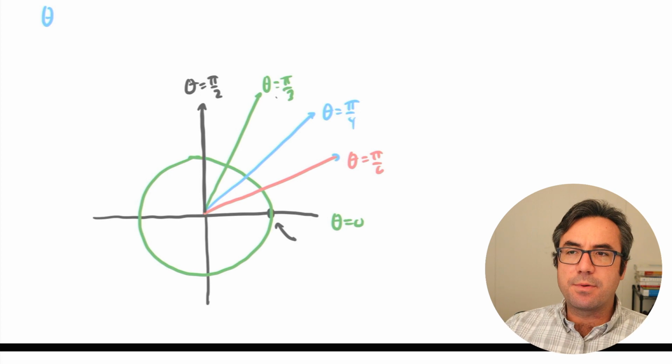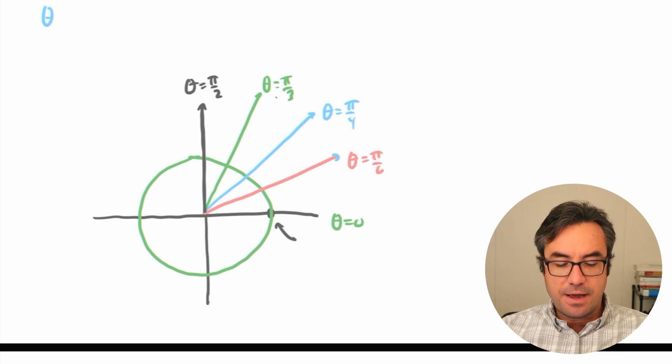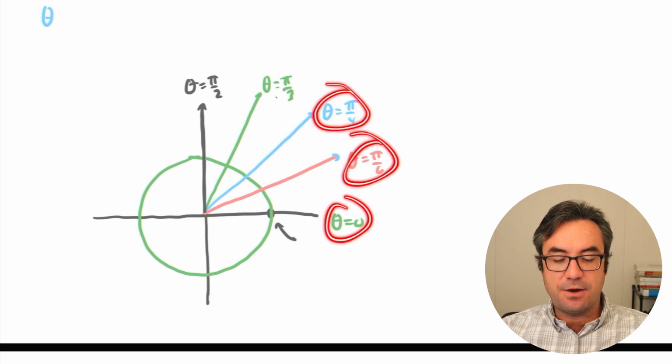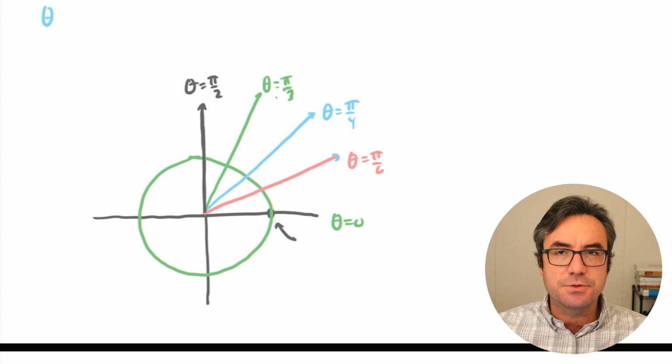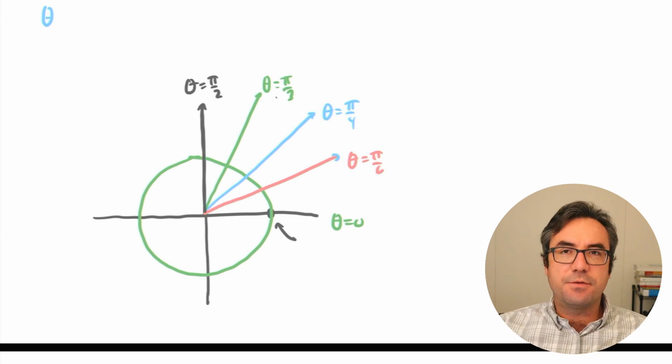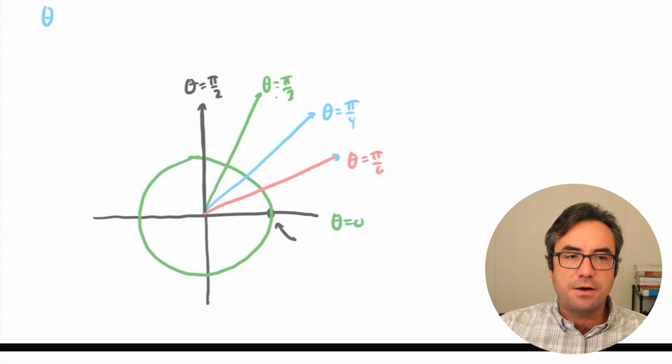These are the ones we use most often, so if you're solving trig equations, these are going to show up probably the most often.